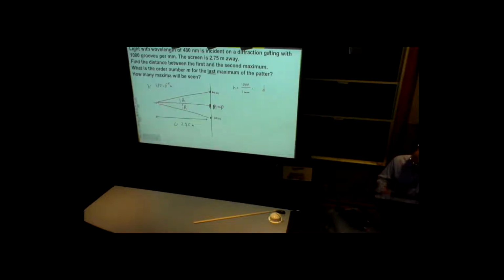Because we want to use this equation, which describes the locations of each maximum. So what do we do?